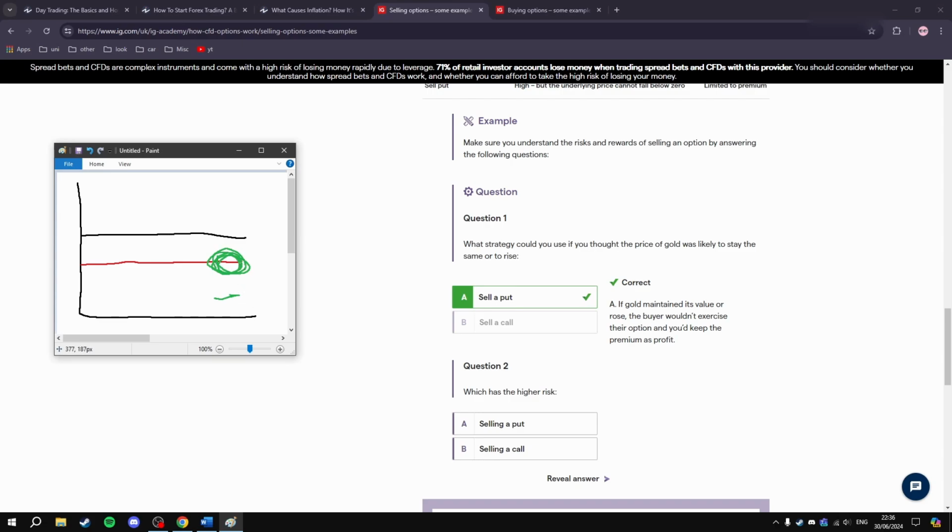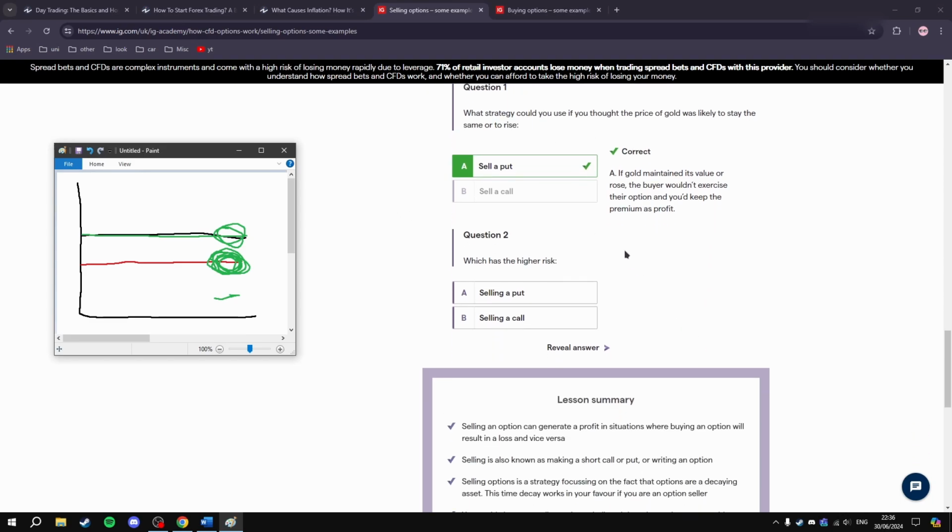But if gold maintained its value and kept on going at this level here, then there's no point in them exercising the option, which is selling the gold at this price when they could sell the gold at a higher price over here. So if they don't exercise the option, they've paid the premium to you. So you'll make a profit, which is the premium.